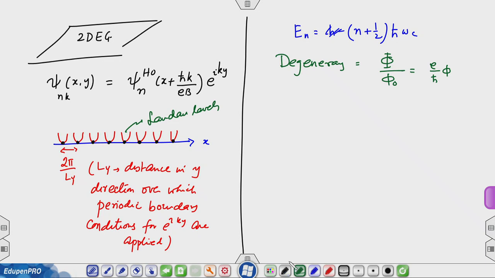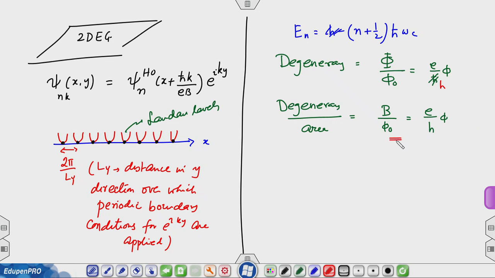I can also write degeneracy per unit area to be B over phi naught, which is e over h, this is not h bar, this is h. So, this is the degeneracy of all these Landau levels.